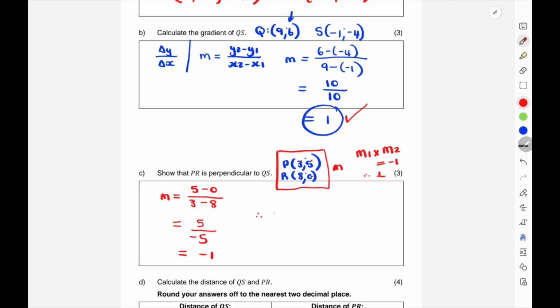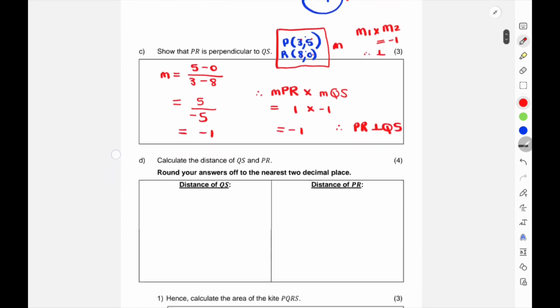So then we can say that the gradient of PR times the gradient of QS is equal to 1 times negative 1, which gives me negative 1. Thus, PR is perpendicular to QS. Hope it makes sense.